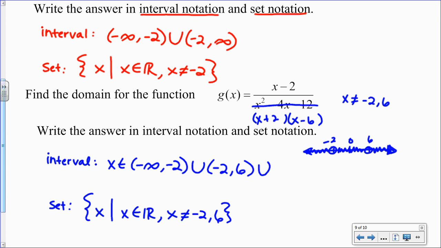And we use all parentheses because of those holes at -2 and 6. Questions about that? So if you need to write out the number line, do that. It's not part of your answer, but it can help you write this domain. It can help you write your interval notation.